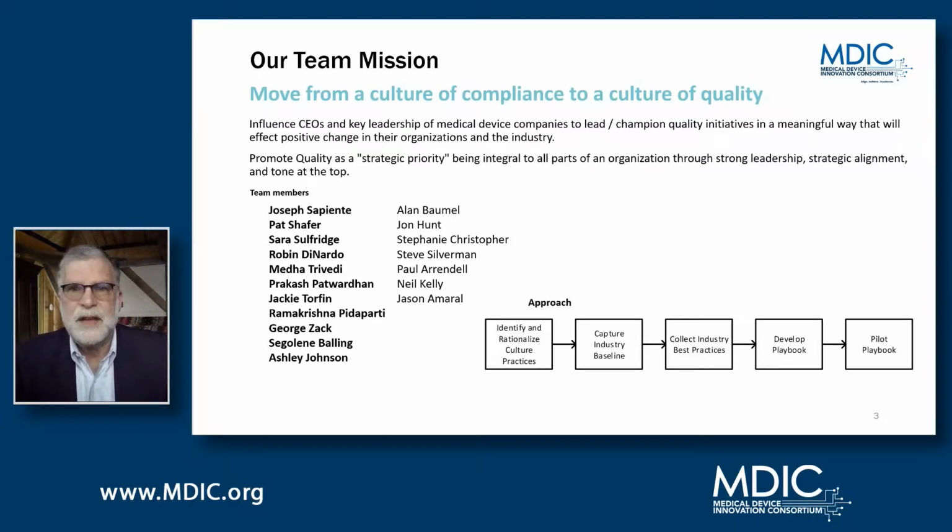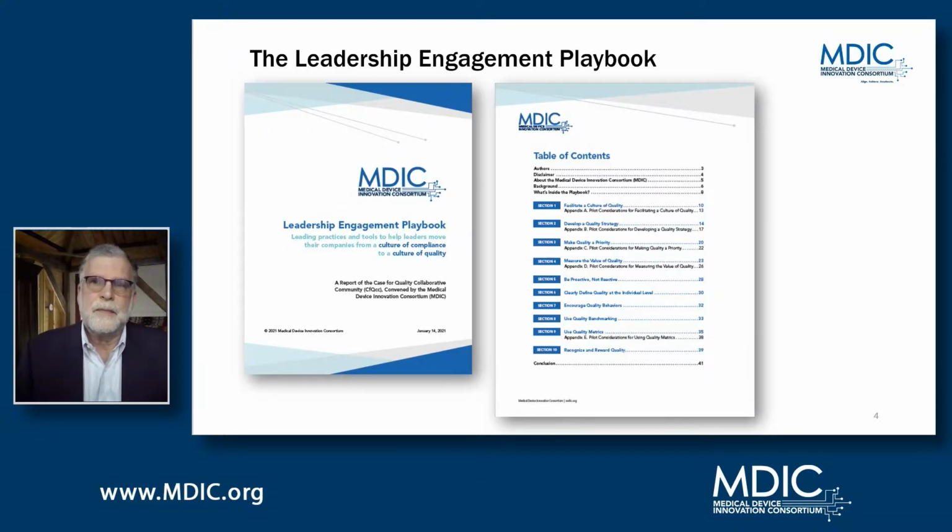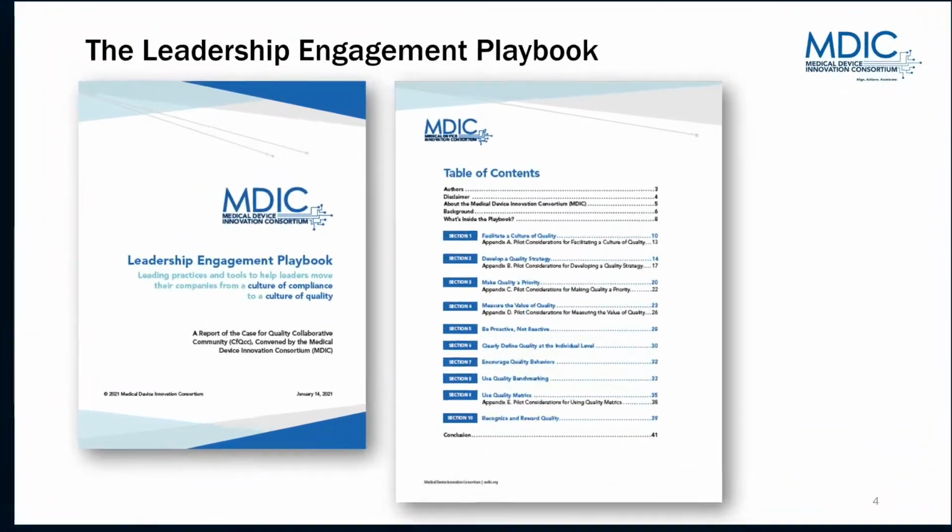One of the sections was around the culture of quality. That's actually the first chapter in the playbook. And it's interesting because the leaders all felt that they did very well, that they were doing a very effective job of communicating.